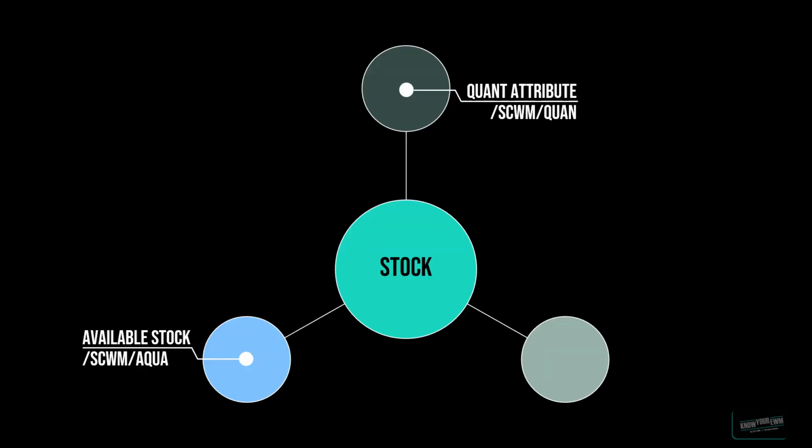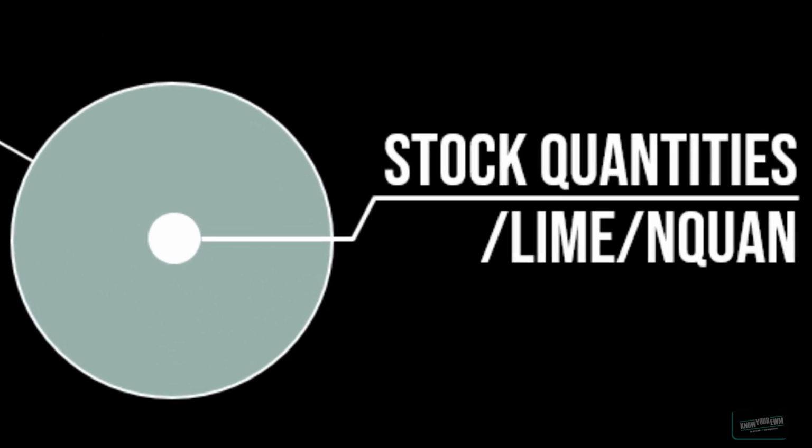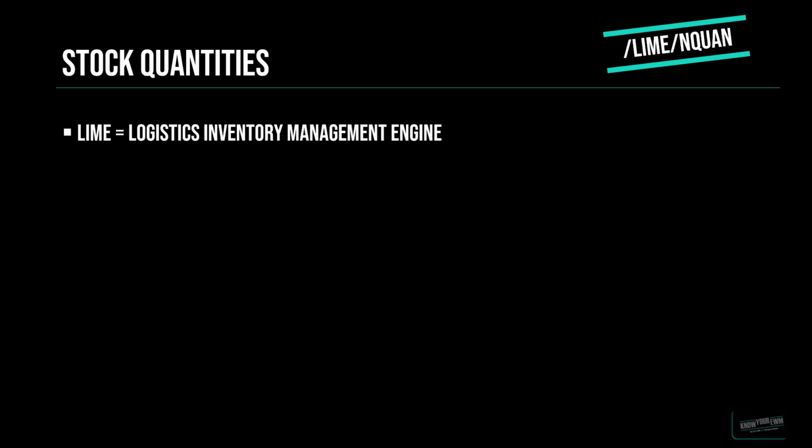The last table we are going to have a look at is the LIME stock quantities table. Since up to now we always had tables starting with the prefix SCWM, let us just explain what the LIME prefix stands for. LIME stands for Logistics Inventory Management Engine.